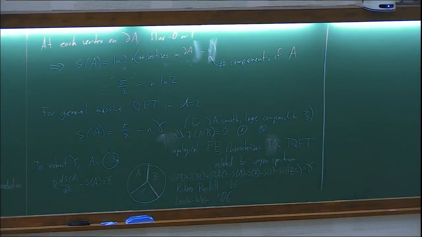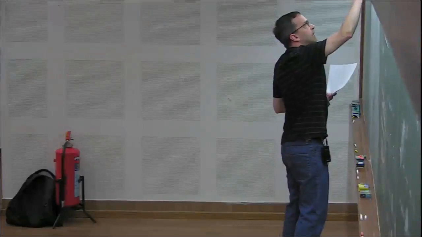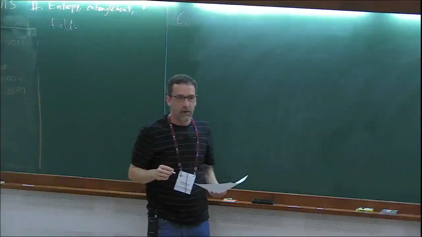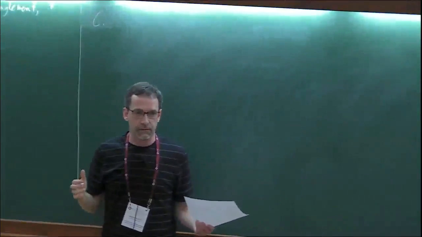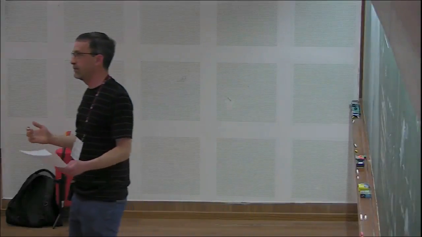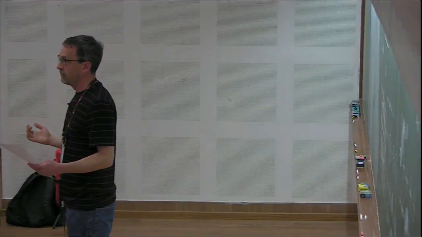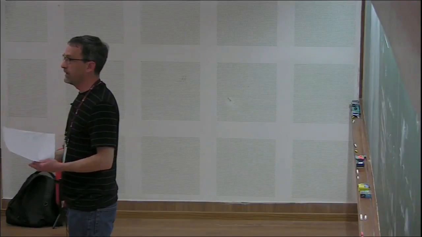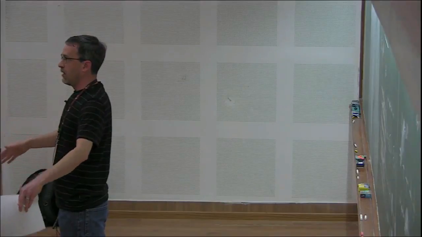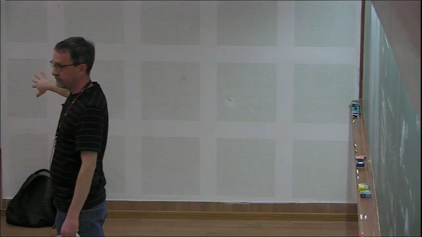I'm done with spin systems, and I want to move on to relativistic quantum field theories. And here, it gets harder to make explicit statements. So I'm just going to make life as simple as possible for myself by considering the simplest possible question, which is what is the entanglement entropy in Minkowski space in the ground state of half the space.